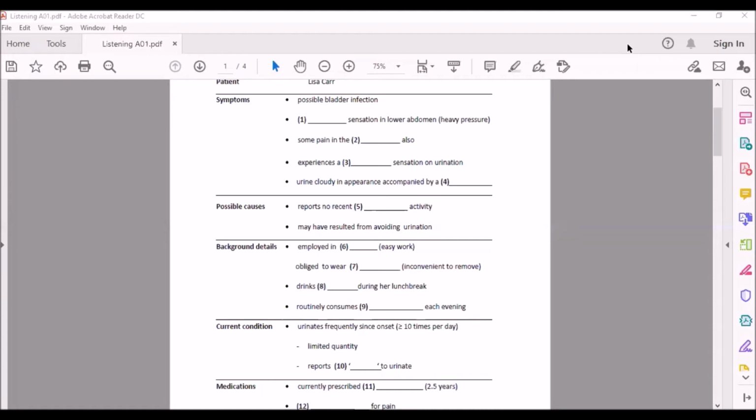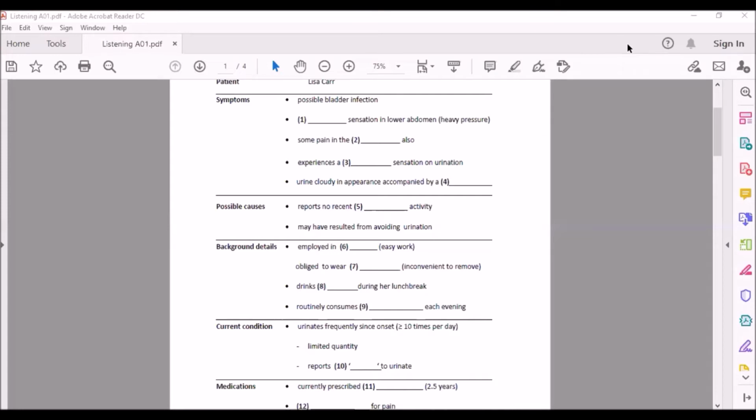That's why the focus is going to be on what the patient says. About 90% of the answers are going to come from the patient, but we do need to listen to everything that's being said.